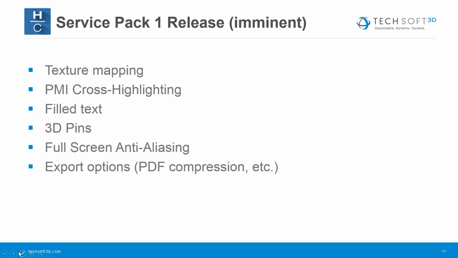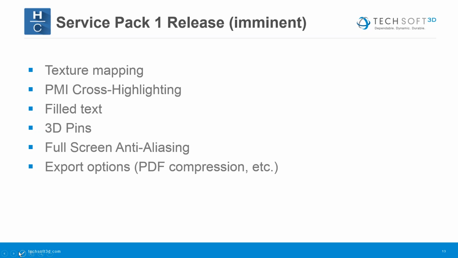For this service pack, there's actually one coming out basically today, or it's imminent, but it should be out either today or at least by the end of the week. The focus of that was mostly matching the functionality of the old Communicator in the areas where we are still lagging behind.